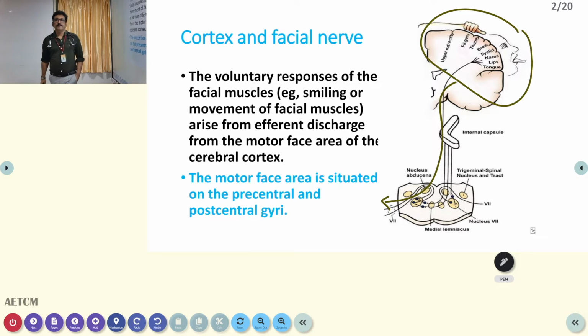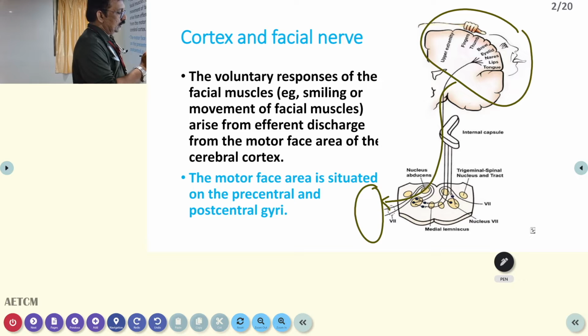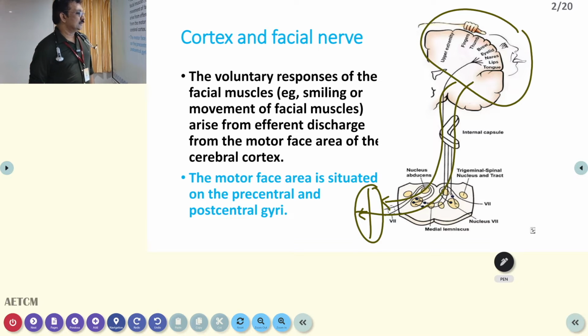That is very important. The motor face area is situated on the precentral and post-central gyri. So if you know the anatomy, you'll know where it is situated. The facial expression on the opposite side will be controlled by this area. Okay, so that is very important.